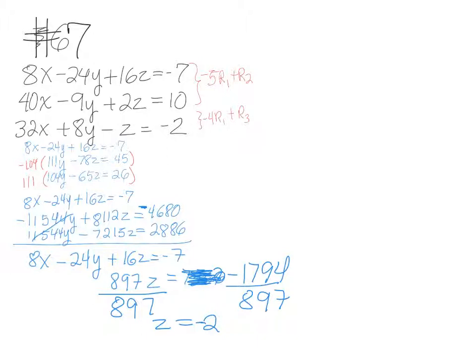Z is equal to negative 2. I can come back to one of the original equations. I can go back to one of these two, any of these two. So I'm going to use the first one, which is 111y minus 78z equals 45. And in place of the z, I can put negative 2.